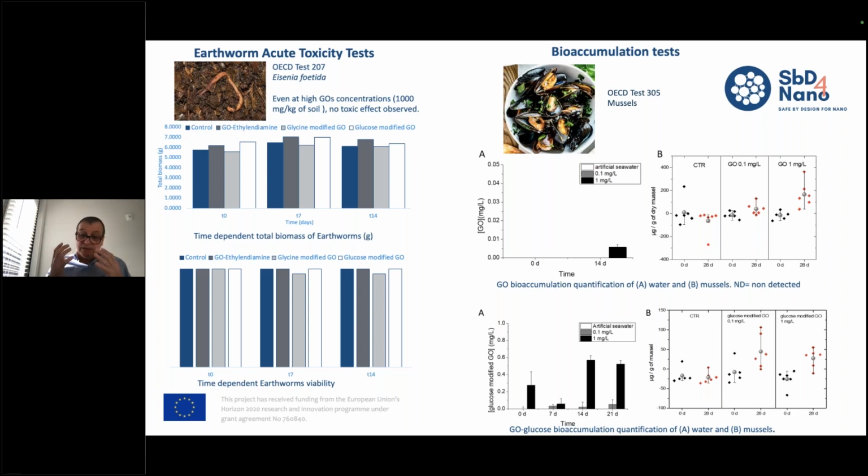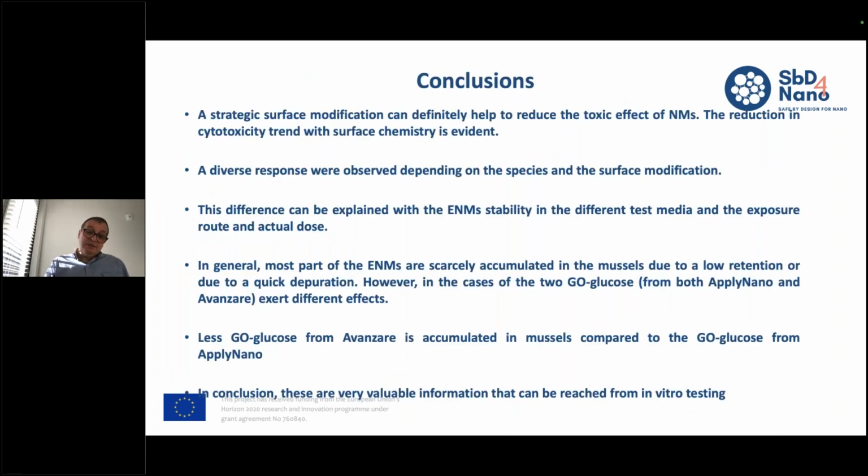Actually, this is the reason why surface chemistry is an important point to explore and understand, along with the in vitro testing, because it provides a lot of data that can be used in further studies.